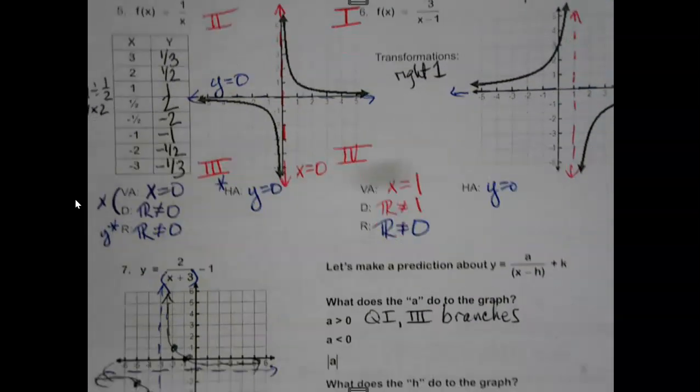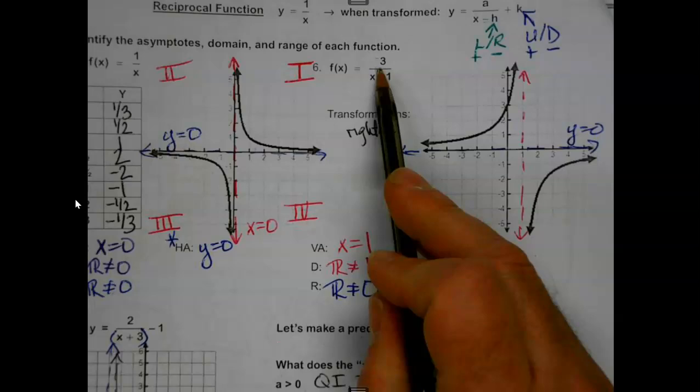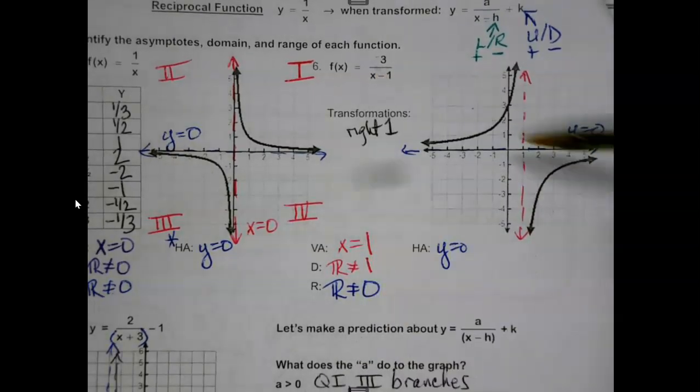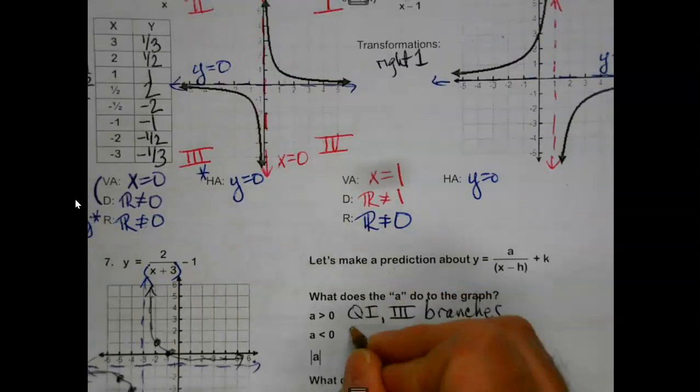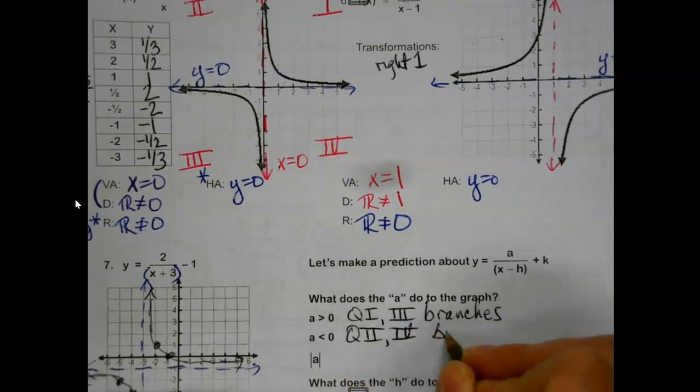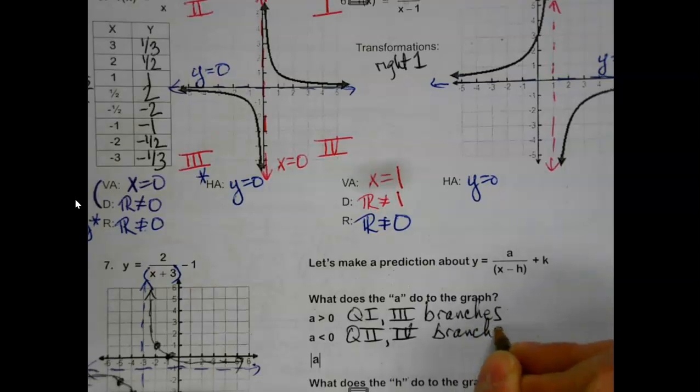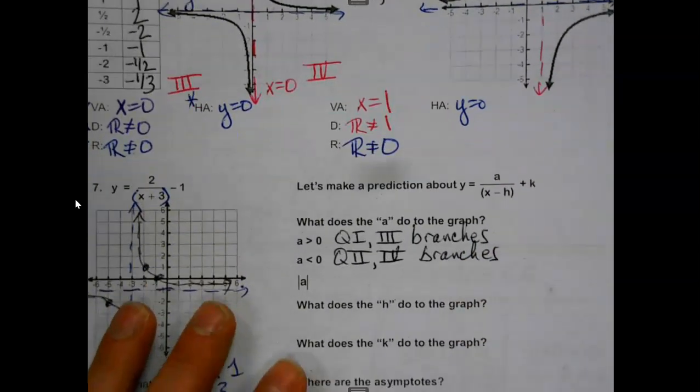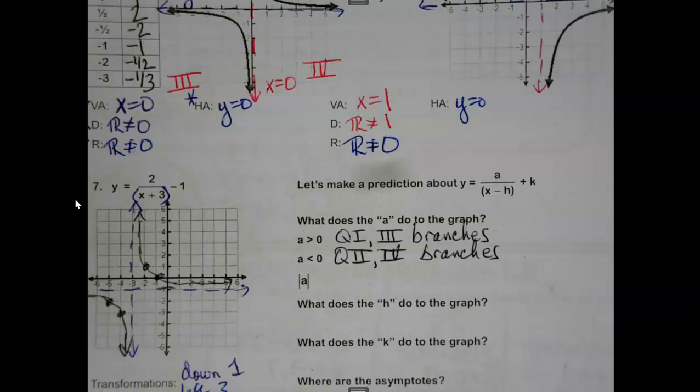When A is positive, you probably can figure out what I'm going to say next. If your A value is negative, we're looking at quadrants 2 and 4. So just little hints. So when you're looking at these graphs, you know a lot of these things right away.